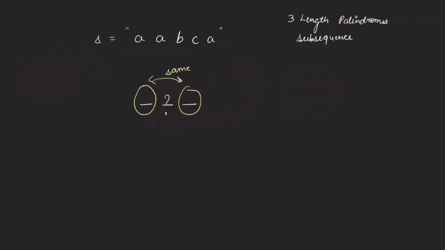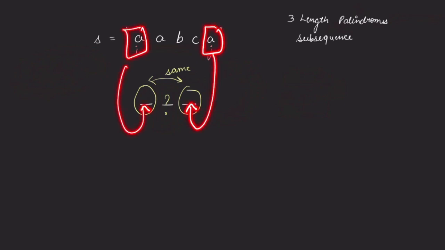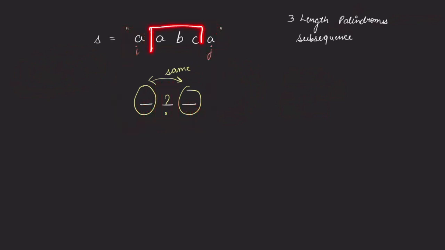So if you see over here in the string S, if let us suppose I keep a pointer I over here and J over here, this is denoting the first character and this is denoting the last character. I just need to find out this middle character. Between these we have A, B and C. That means I can have 3 subsequences here: one will be AAA, another will be ABA, and the other one will be ACA.